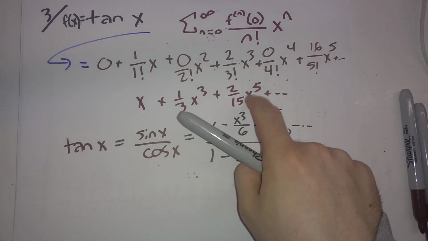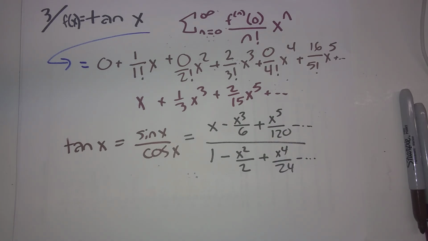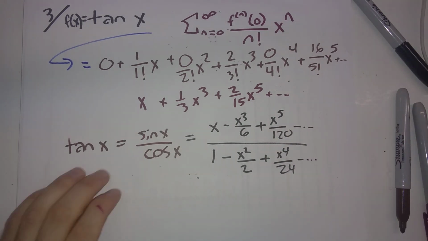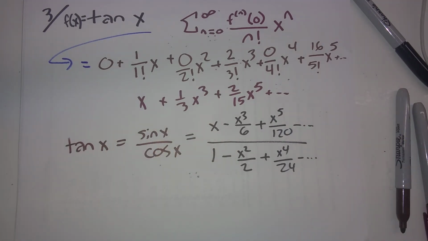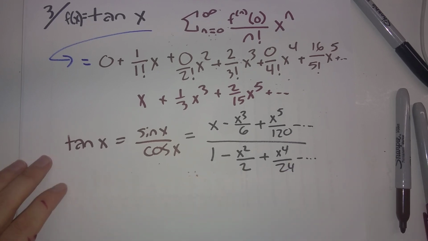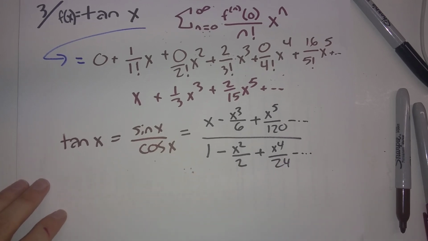So we're going to divide x minus x cubed divided by 6 plus x to the 5th divided by 120 by 1 minus x squared over 2 plus x to the 4th divided by 24. Let's do that on the next piece of paper.